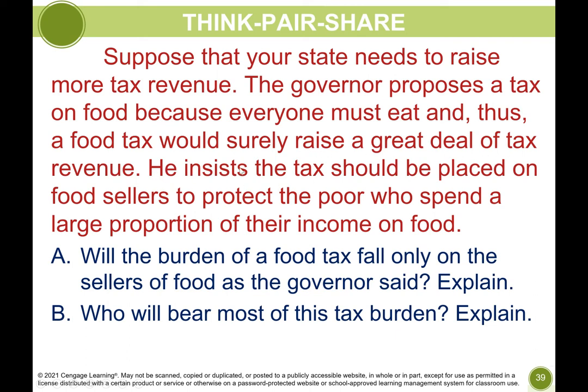He insists the tax should be placed on food sellers to protect the poor, who spend a large portion of their income on food. Will the burden of a food tax fall only on the sellers of food, as the governor said? Explain. Who will bear most of this tax burden? Use an example of what we have gone through to explain yourself here.